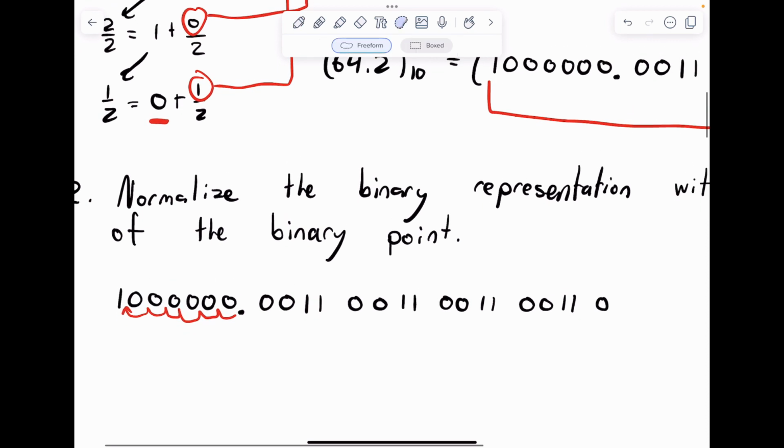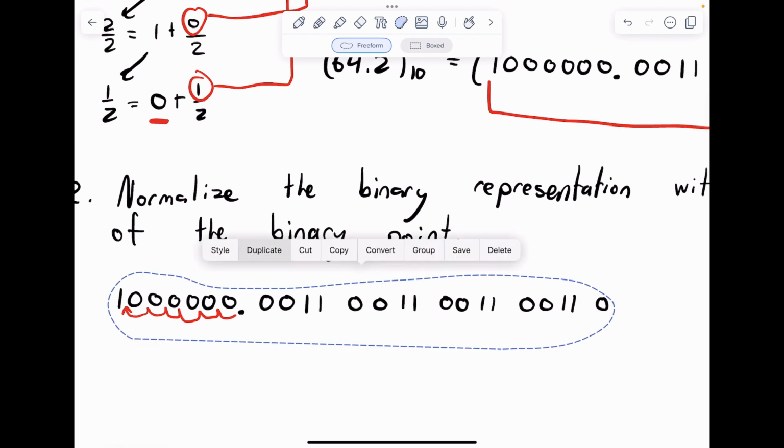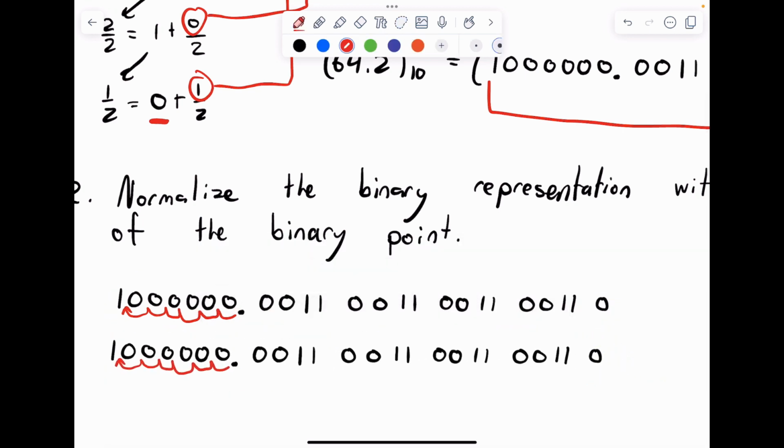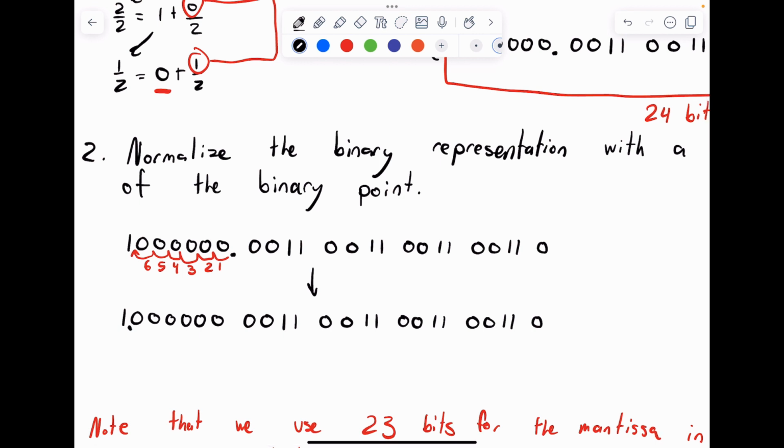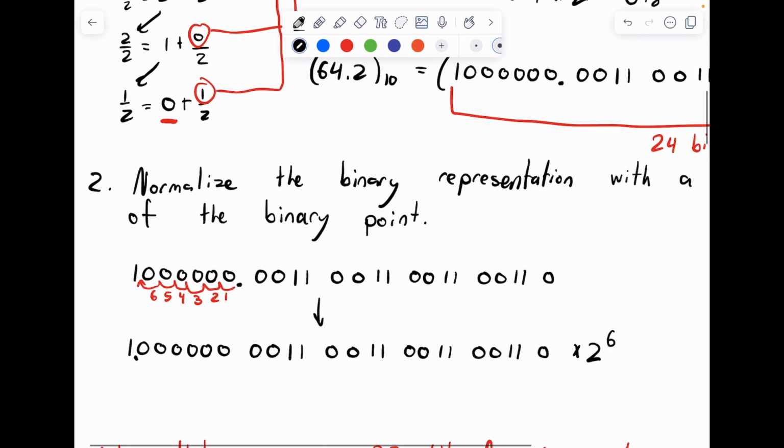So that will give us this value right there. But now we can note how many times that we moved the decimal point. So 1, 2, 3, 4, 5, 6. So this value above is equal to this value below times 2 to the 6th. And that's all it means by normalizing.